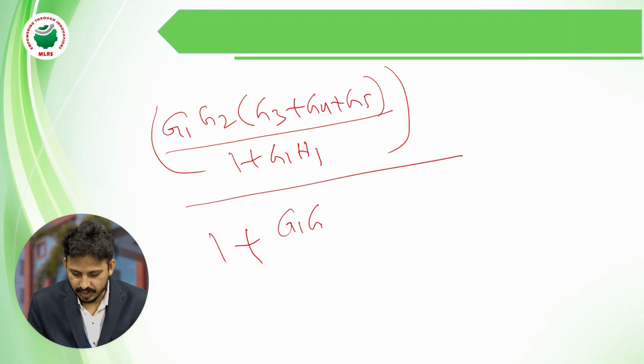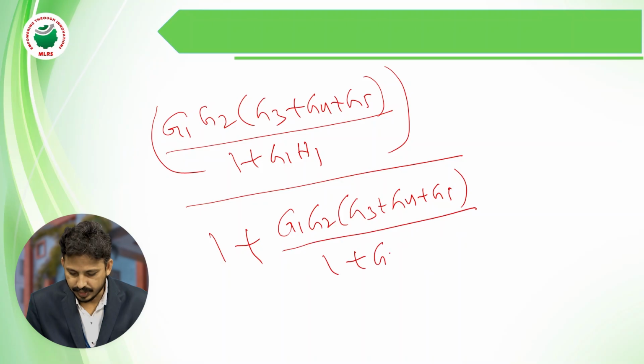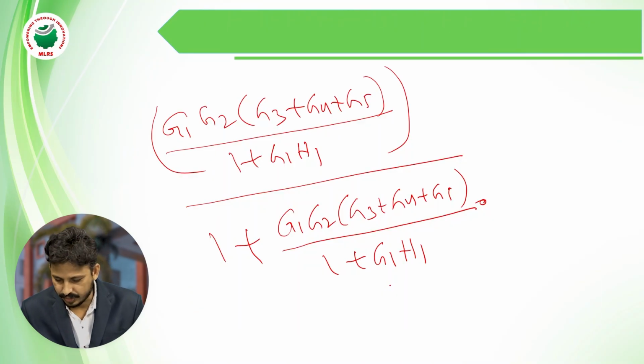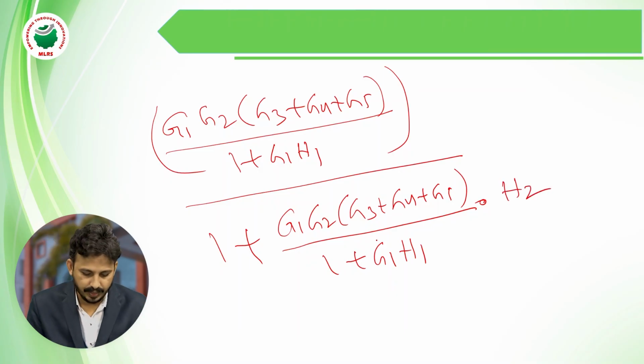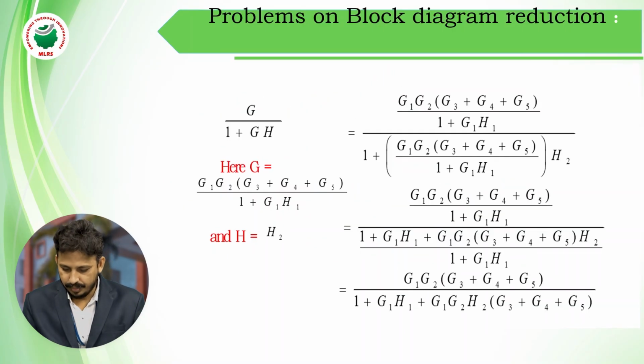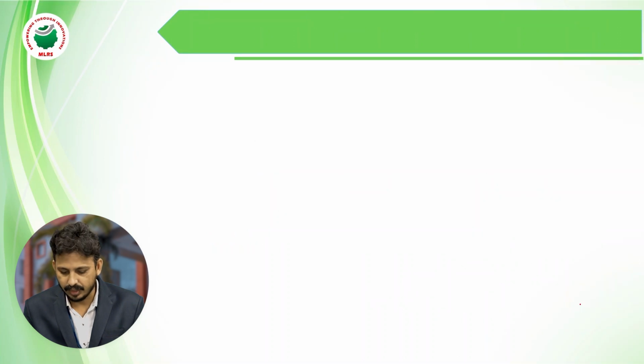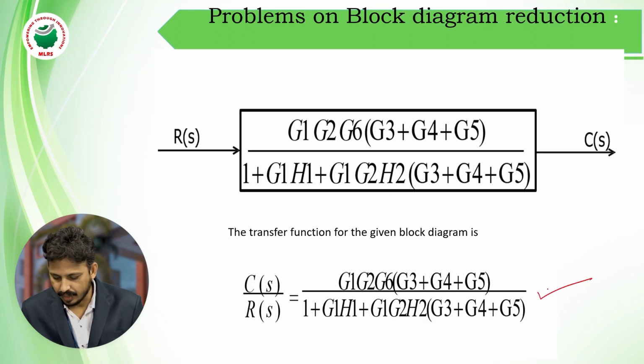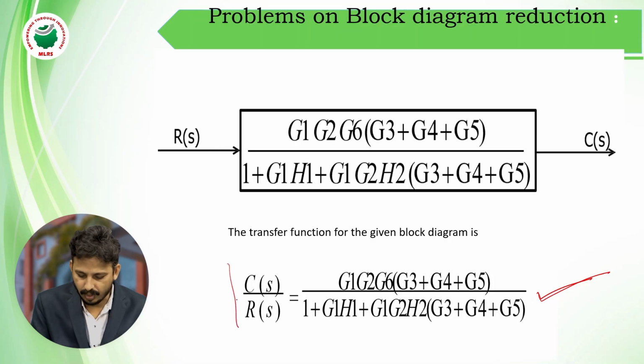So G1 G2 (G3 plus G4 plus G5) by 1 plus G1 H1 into the feedback path, that is H2. So after simplification, we will get G1 G2 into (G3 plus G4 plus G5) by 1 plus G1 H1 plus G1 G2 H2 into (G3 plus G4 plus G5). This is the overall gain or overall transfer function of the given problem.